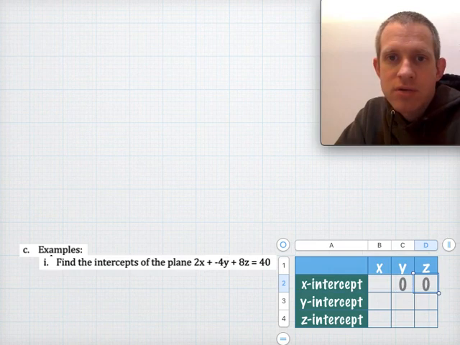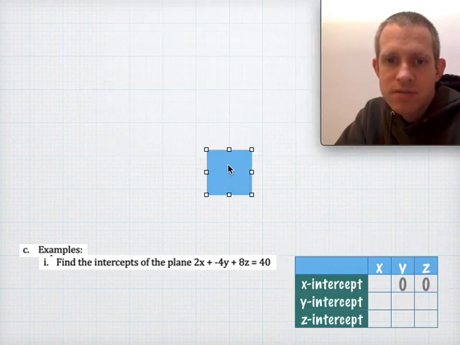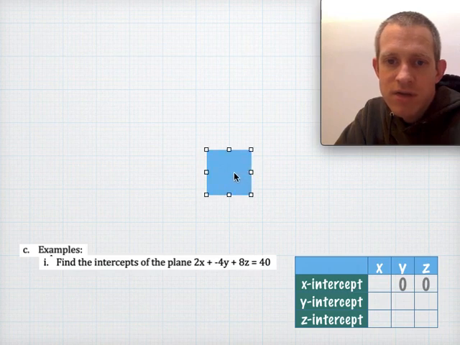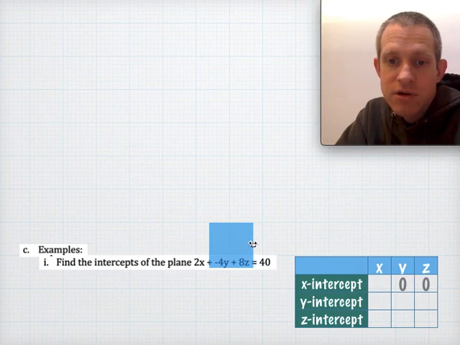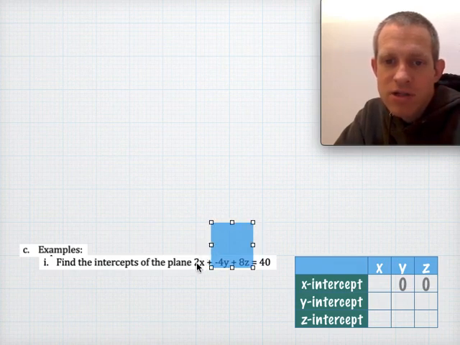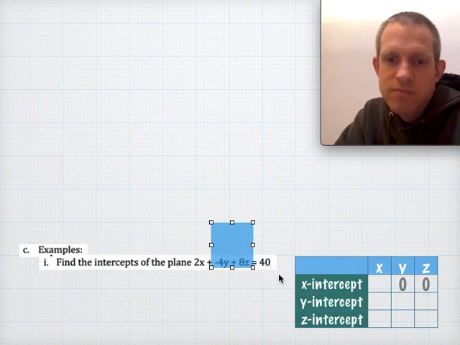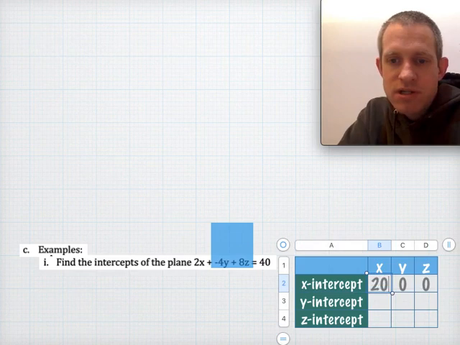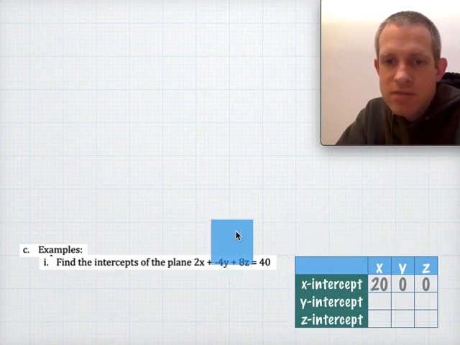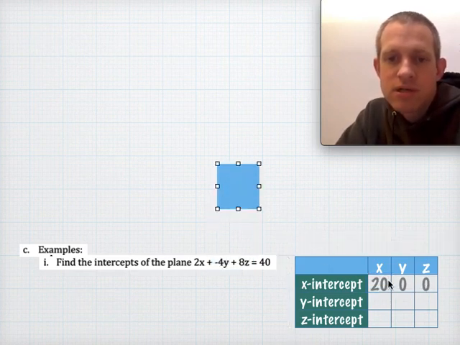And so we can use what's sometimes thought of as the cover-up method, perhaps. If we want to cover up y and z, because y and z are 0, I know you can still see them, but imagine they're not there, then we have the equation 2x equals 40. You can divide both sides by 2, and we get that x has to be 20. And so what that means is the point 20, 0, 0 is not only on the plane, but it's a really important point. It's the x-intercept.